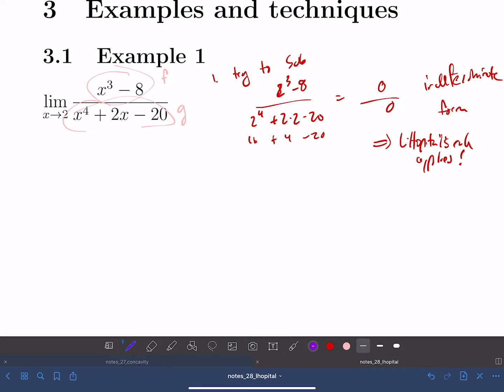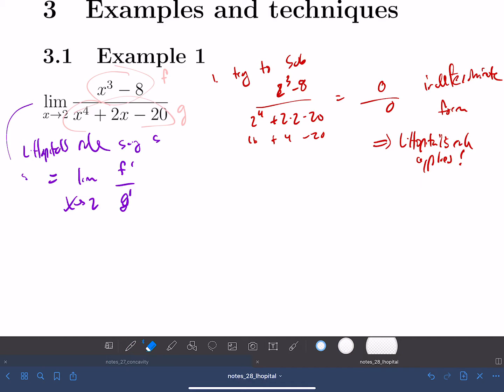So L'Hopital's rule, which I'm going to invoke by name, says that this thing here is equal to the limit as x approaches 2 of f prime over g prime. I'm not doing the quotient rule because I'm not computing the derivative of this thing. I'm computing the limit of this thing as itself, okay? It's a big difference between those things.